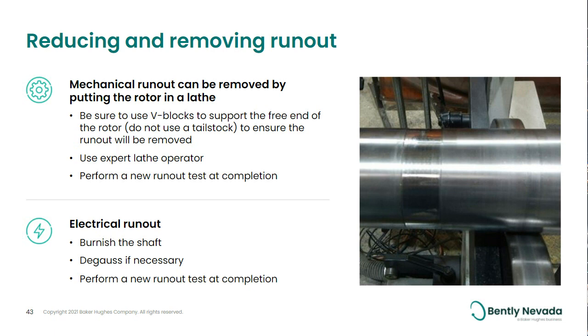Again, work with an expert lathe operator to make sure this is done properly. If done improperly, it can make things much worse before they get better. And you may need to even look at degaussing the shaft. And again, once you've done both the mechanical and the electrical runout removal or improvement, make sure you perform a new runout test at the end to make sure that you've addressed the issues that you identified.